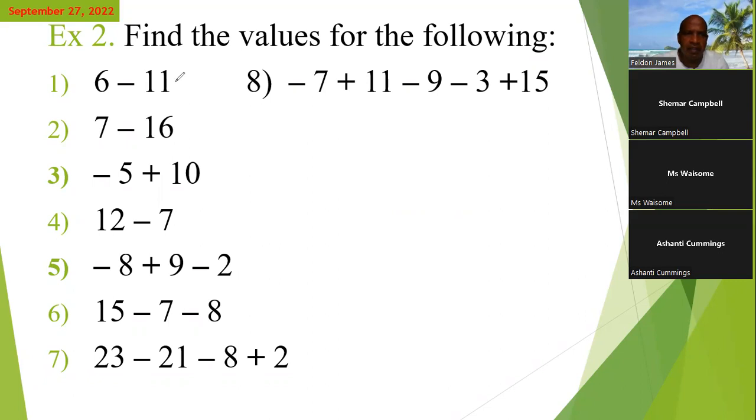Okay, so for question one, what is the answer? -5, sir. Everybody get that one? All right, question two, what is the answer? -9.